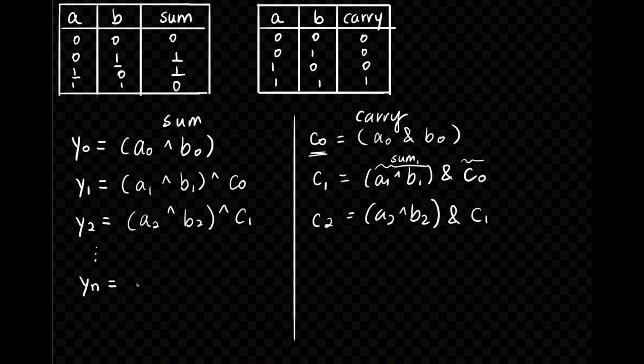So for any yn the sum is equal to an XOR bn XOR cn minus 1 unless n is 0. And then cn is equal to an XOR bn and cn minus 1, again, except when n is 0.